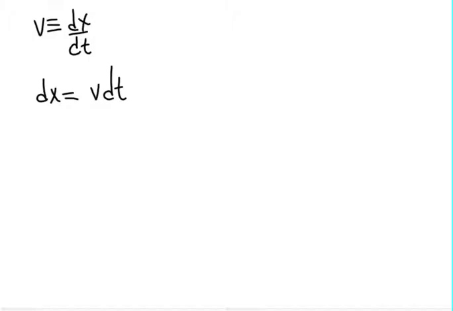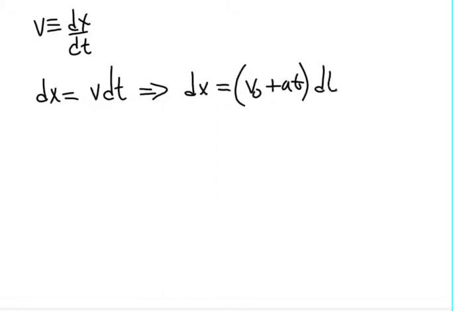Now we already found what the velocity is as a function of time, so we can just say this right here is the same as dx equals, and here I'm just going to write in the expression we had for the velocity, v0 plus at times dt, and this right here is just the velocity as a function of time.